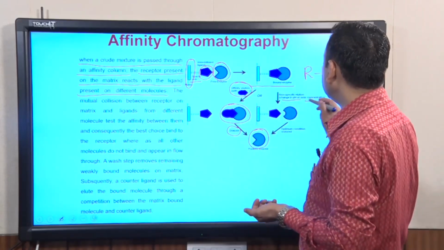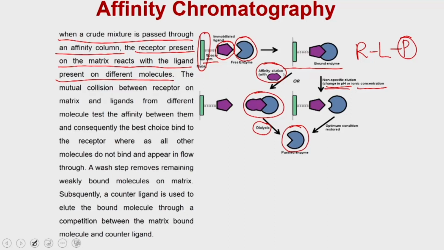So, these interactions could also be sensitive to a change in pH or the ionic strength. So, if you change the pH or the ionic strength, you could be able to break the interaction between the receptor ligand complexes, and that will give you the free protein or free enzyme, and that is how you can also get the purified enzyme.